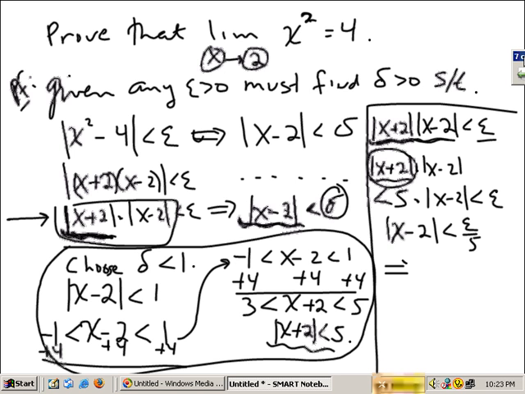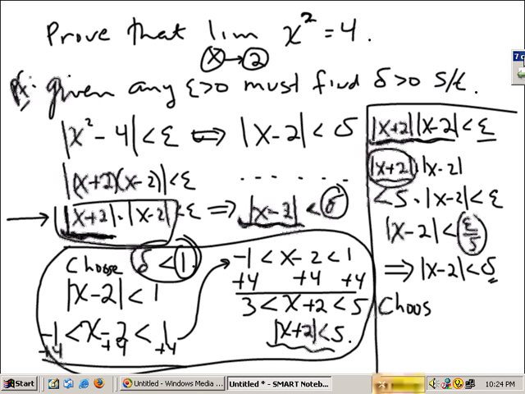And I want this to imply that x minus 2 is less than delta. So I choose delta to be this. Almost. Because remember, delta has to be less than 1. Just in case epsilon over 5 is more than 1, I'm going to say choose the min, the smaller of epsilon over 5 and 1.